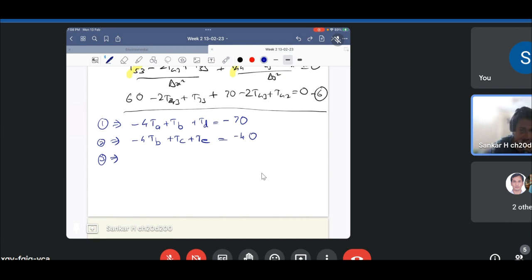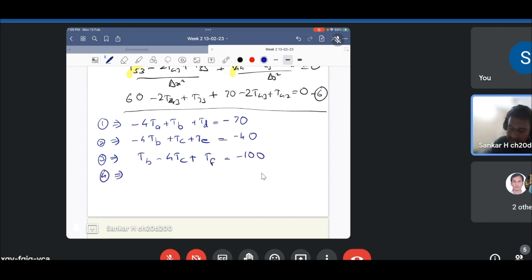Equation 3 would give us TB minus 4TC plus TF should be equal to minus 100.